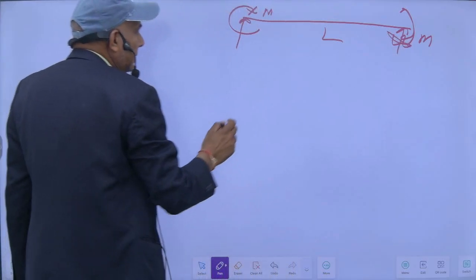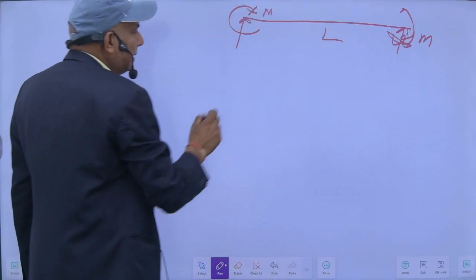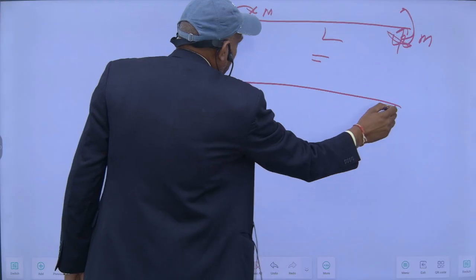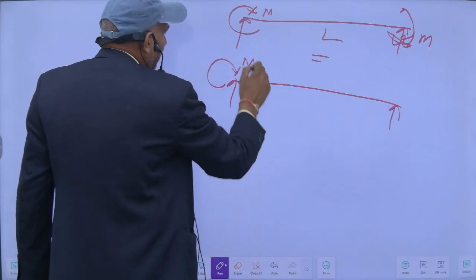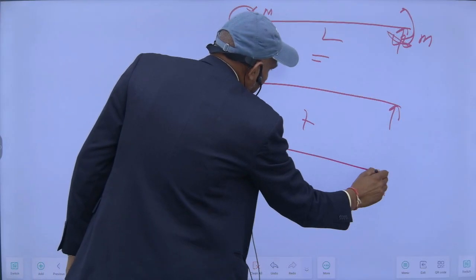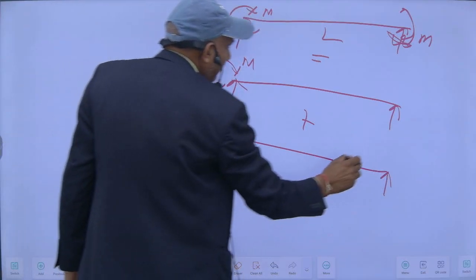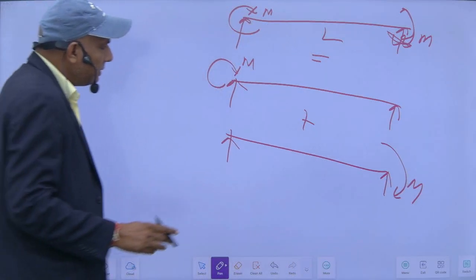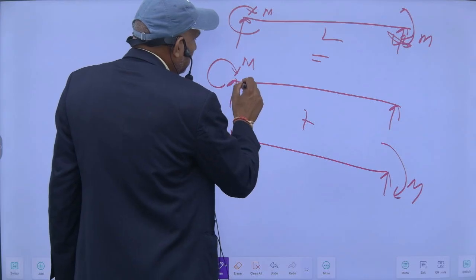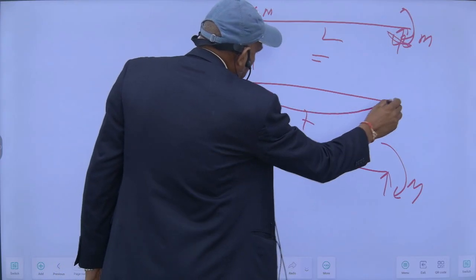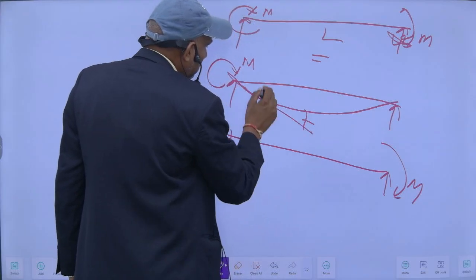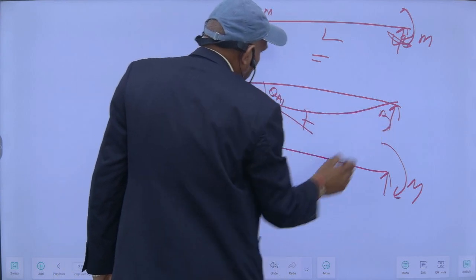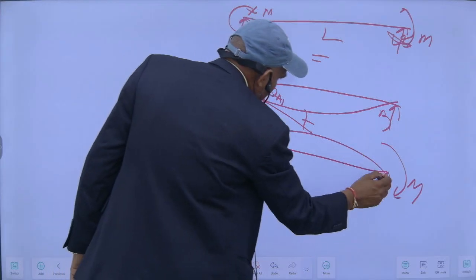So as per the principle of superposition, I can treat it like this. The effect of this moment M I can treat separately, plus the effect of this moment I can treat separately. Because of this moment, it will rotate like this, and because of the other, it will rotate like this.